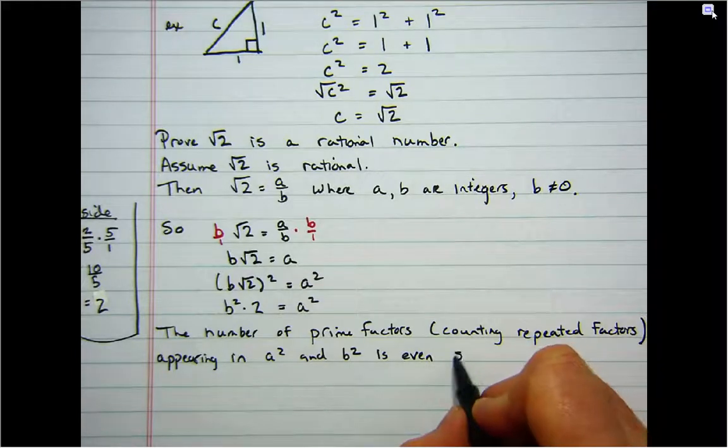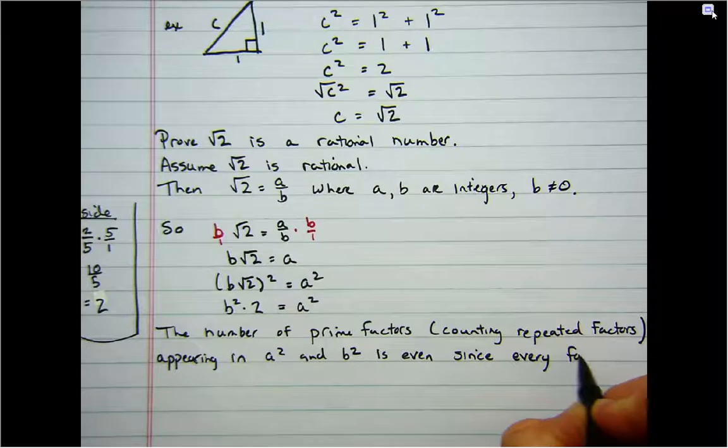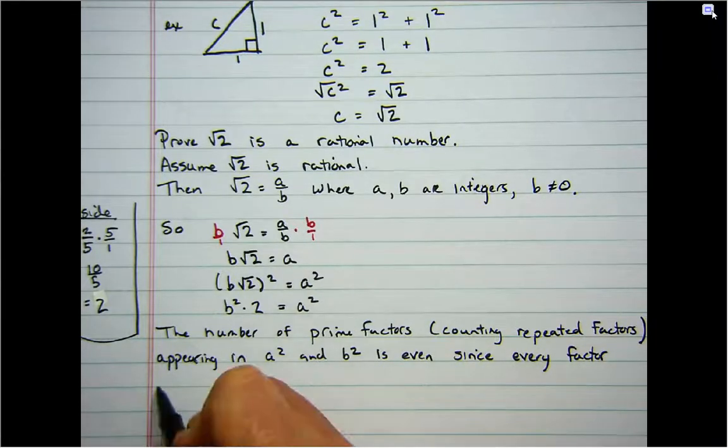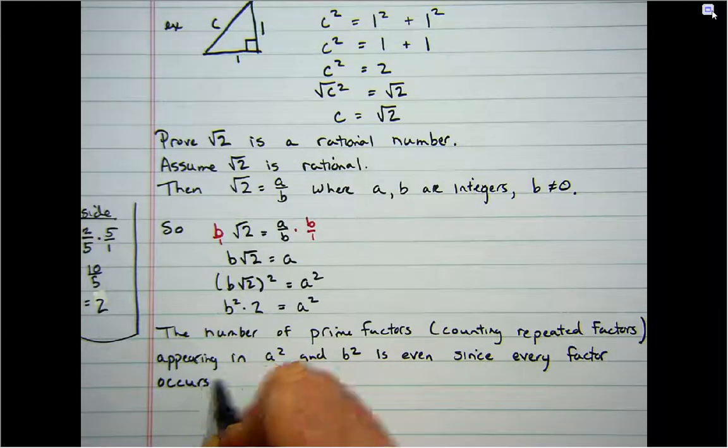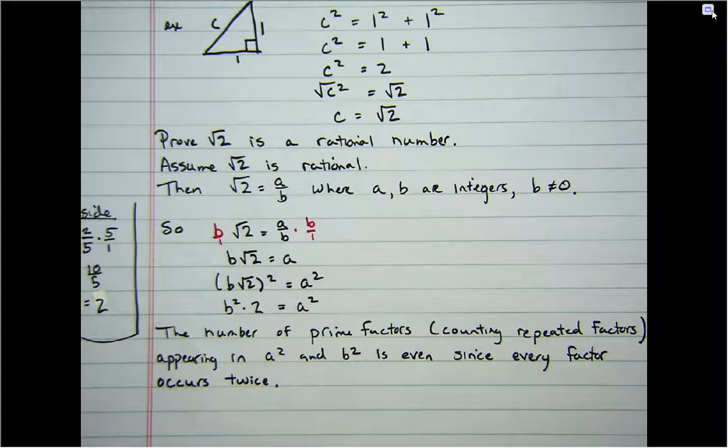Since every factor occurs twice. So every factor that shows up in the factorization of 136 shows up twice when you have 136 squared. So you have the first 136 times the 136 again.